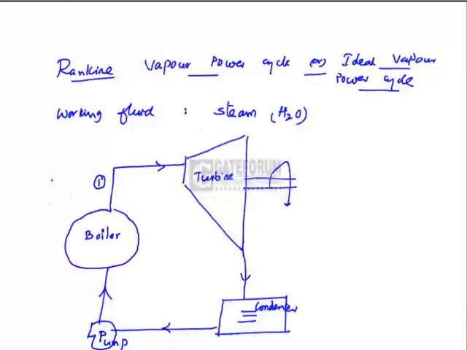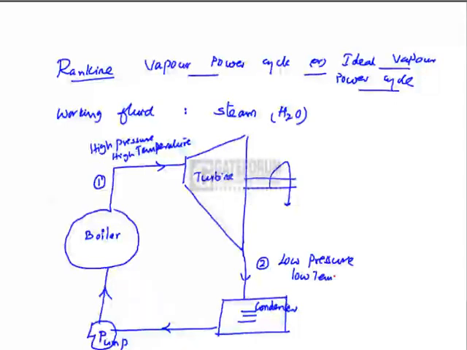The states are marked as follows. The high pressure, high temperature steam leaving the boiler is indicated by 1. The low pressure, low temperature exhaust steam leaving the turbine is indicated by state 2.